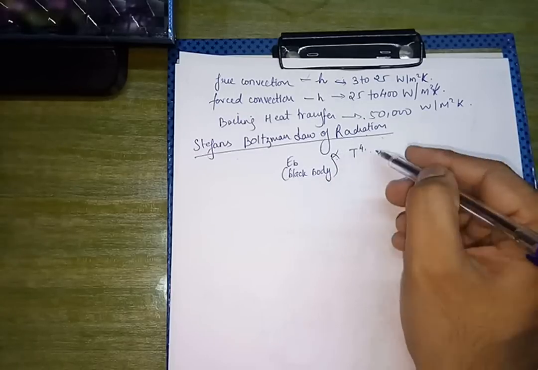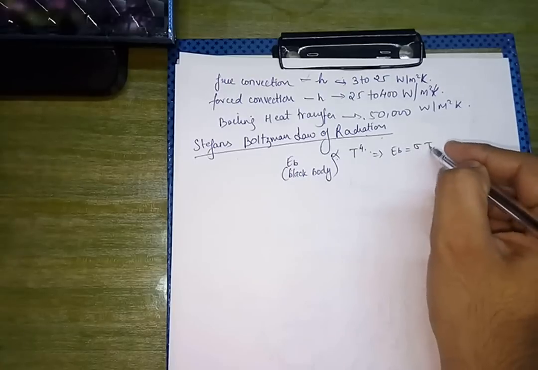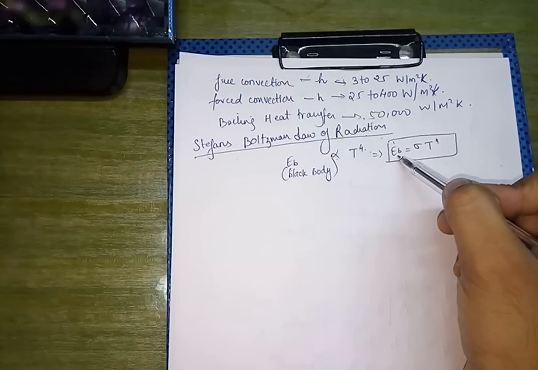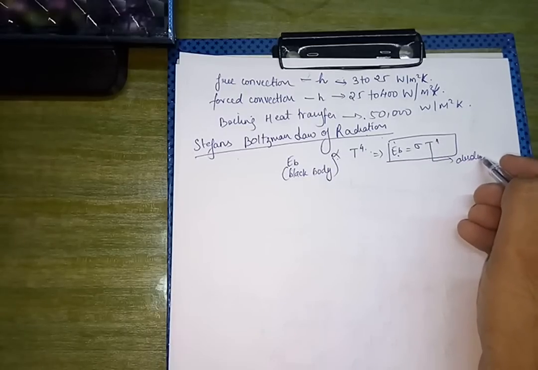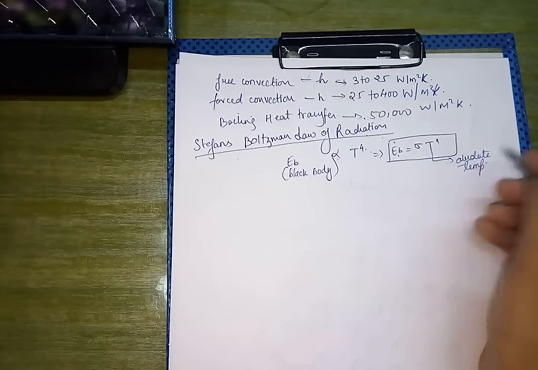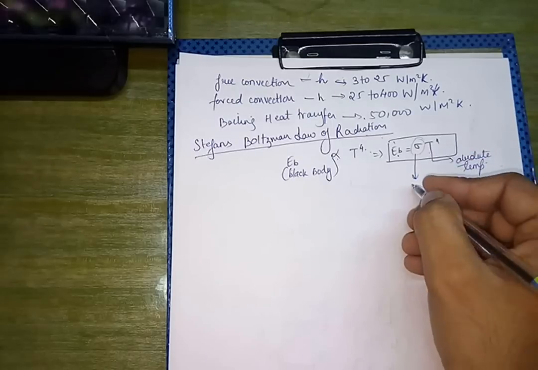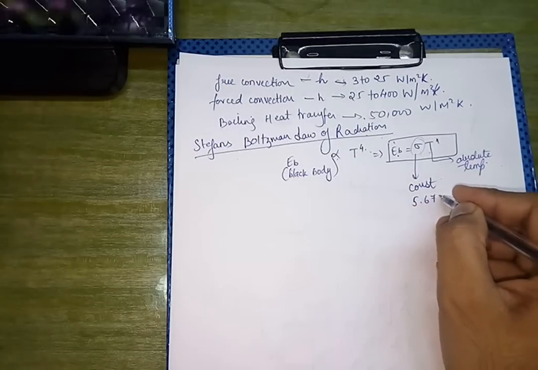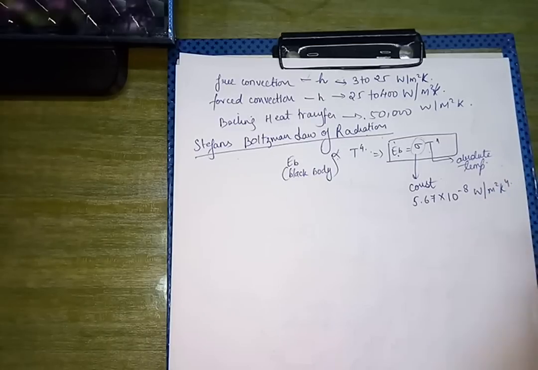Now if this proportionality sign is removed, we have a constant, that is E_b equals sigma times T to the power 4, where E_b is the amount of energy being radiated from the surface of a black body, T is the absolute temperature of the body, and sigma is the Stefan-Boltzmann constant, having a value of 5.67 times 10 to the power minus 8 watts per meter square Kelvin to the power of 4.